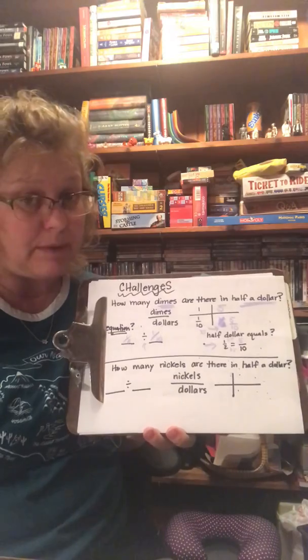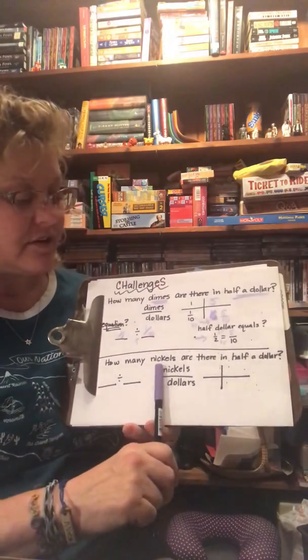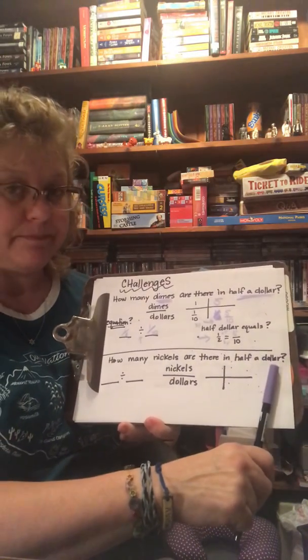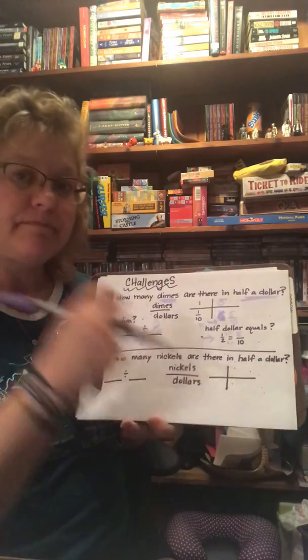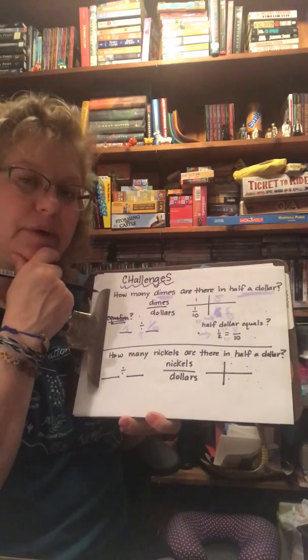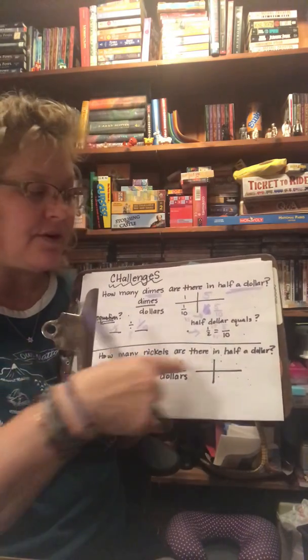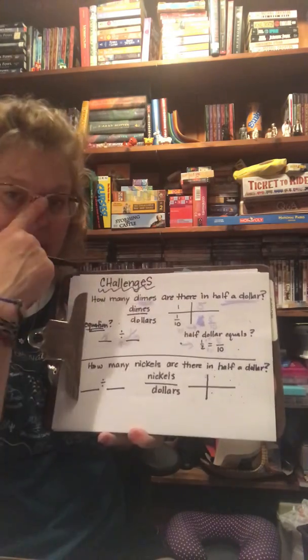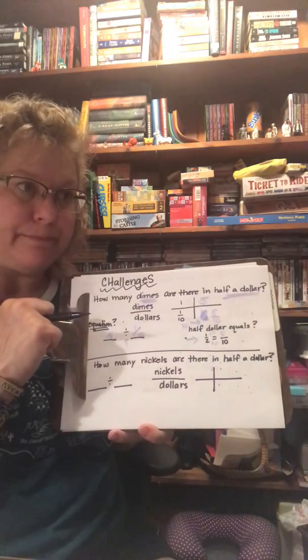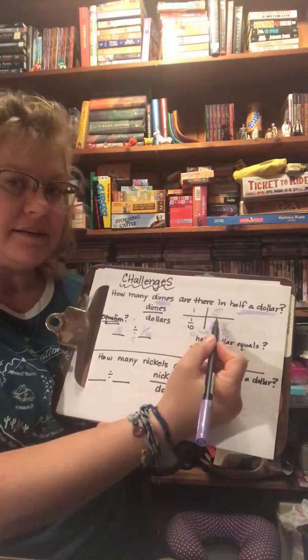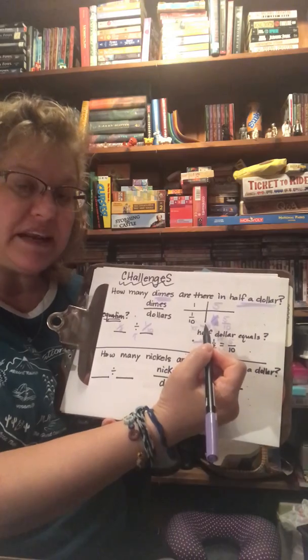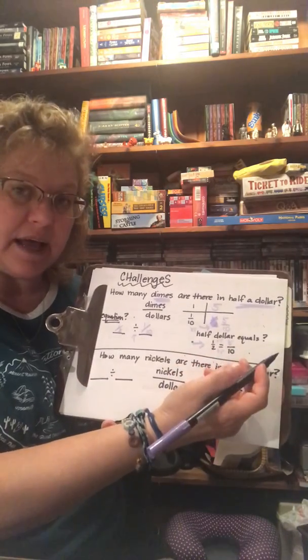All right, last challenge problem. How many nickels are there in half a dollar? Gosh, I'm pretty sure you guys are pretty smart mathematicians. And even without me figuring this out, I could take this equation up here, and I'm pretty sure you could figure it out. A nickel, how many nickels are in a dime?